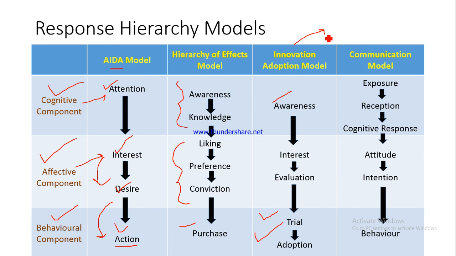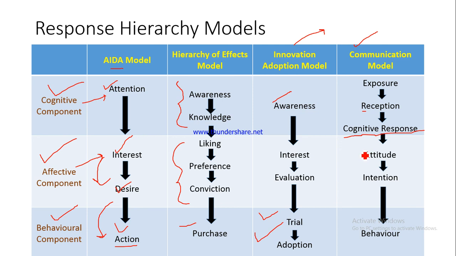Now this is the third model, and we are going to discuss the communication model. This is a slightly different model. Again, exposure. Here first of all the audience gets exposed to the message, but they may not be paying attention. Then they receive the message, then there is a cognitive response, which means they start thinking about it, right? And then after this cognitive response, they start having an attitude towards that particular product.